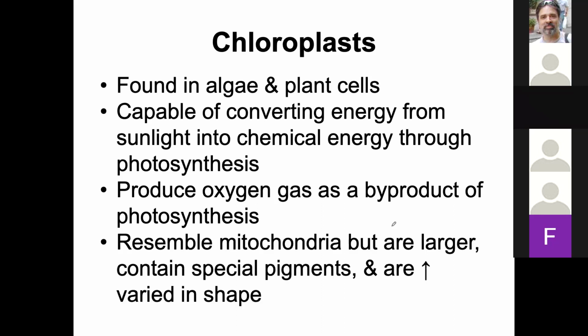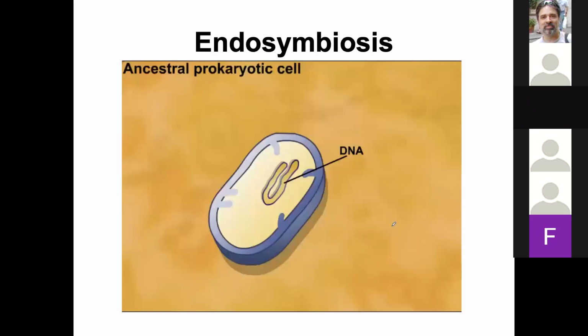Respiration uses oxygen in order to break down glucose. Okay. The chloroplast looks like mitochondria, but it's a bit bigger. There are pigments in it that are able to capture light energy and funnel that into ATP synthesis, and they have a variety of shapes. Okay? So this is a look at this idea of endosymbiosis.